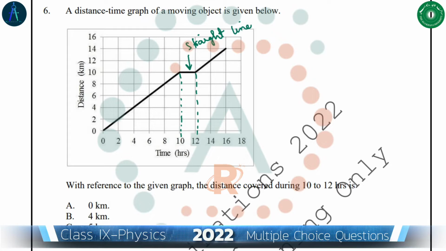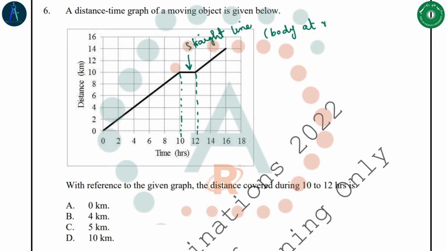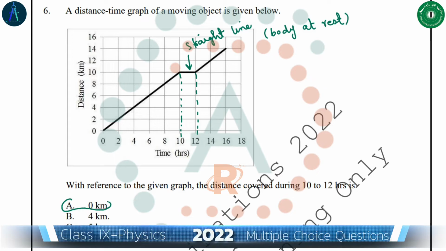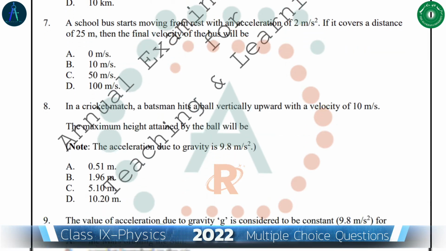This horizontal straight line shows that the body is at rest. The body is not moving. This means that the distance covered by the body will be 0. So the correct answer is option A.